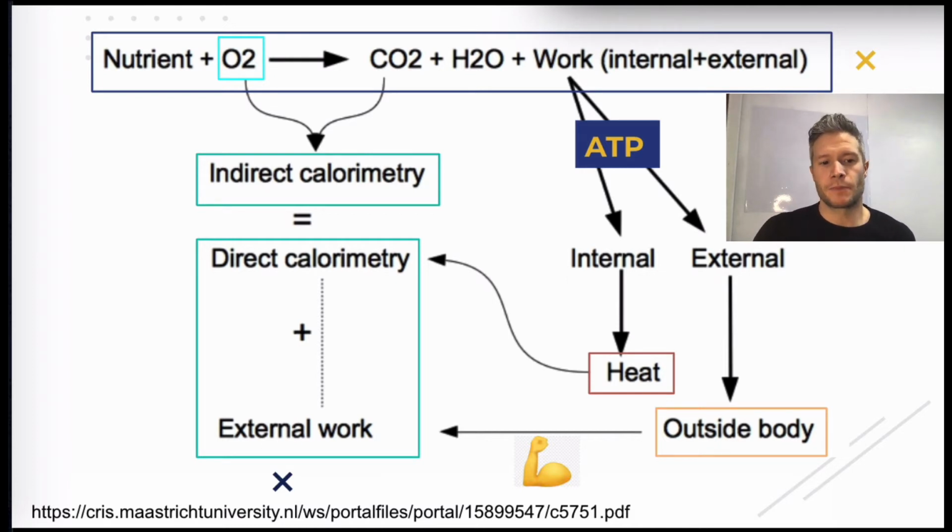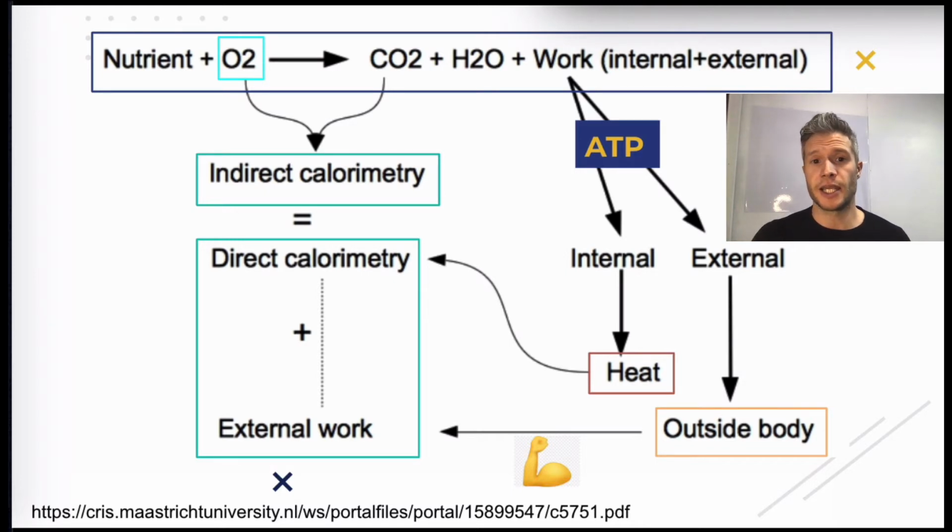So yeah, feel free to go back, take a look at the flow chart, and just walk through it yourself again. But the big take-home message with all of this is there's indirect and direct calorimetry, and the next main point to take home is for indirect calorimetry. Last day we were looking at CO2 really as the main source of figuring out how much of this equation is being used, so how much carbon dioxide is being produced.